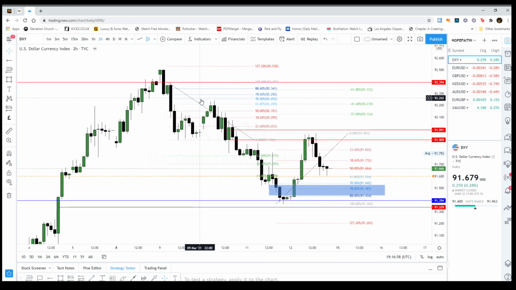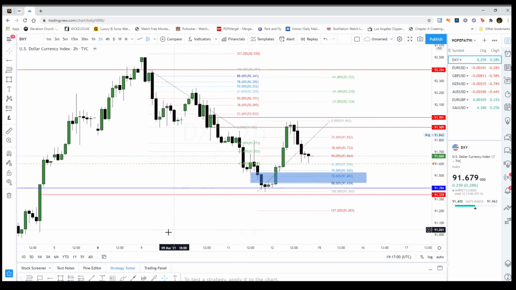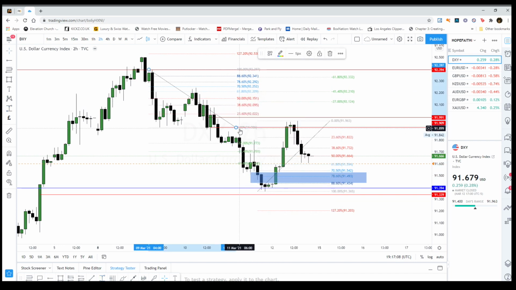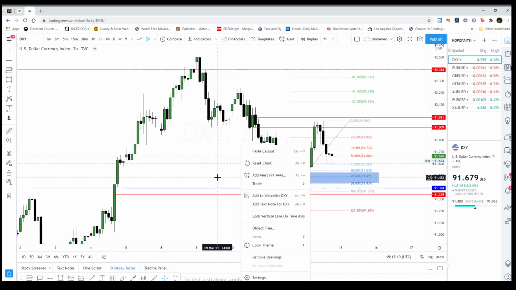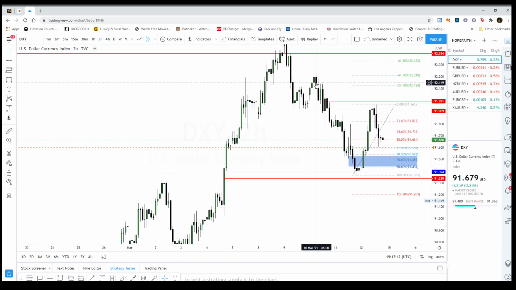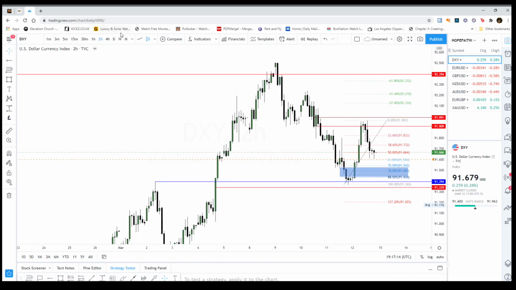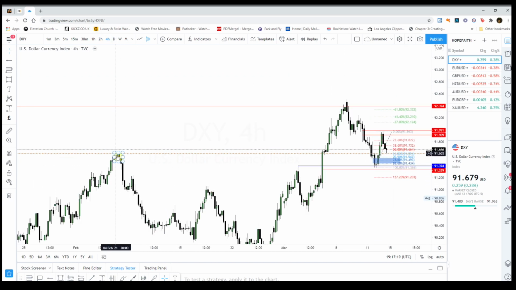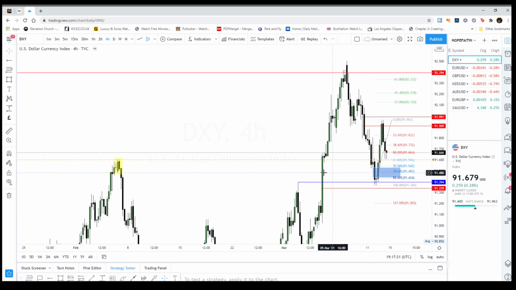And you can see it reacted with a lot of points at least. There you go, 800. So the way you would have been targeting the potential areas it would go to after that reaction is, if you go back to the 4R, you can clearly see here an area that has been mitigated by the market.